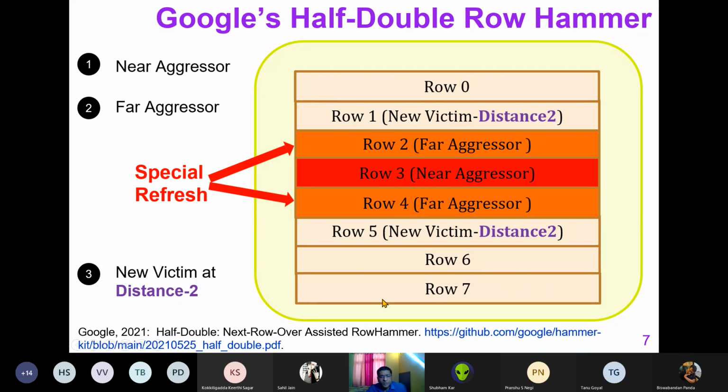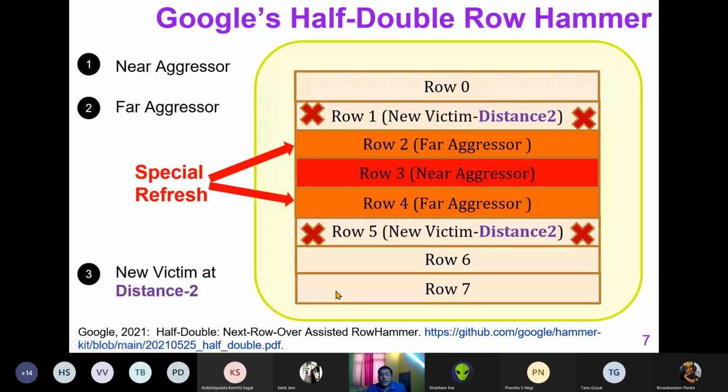In that observation, they found that several hundreds of bits of row 1 and row 5 are getting toggled. And this cannot be mitigated with the previous victim-focused mitigation techniques. This error is very severe in nature, and many types of attack can be launched by exploiting this kind of behavior of the DRAMs.